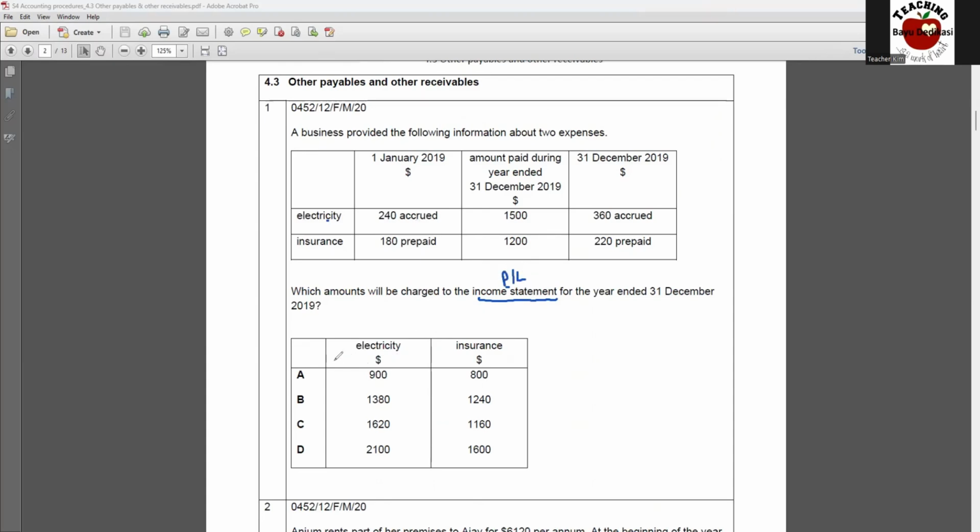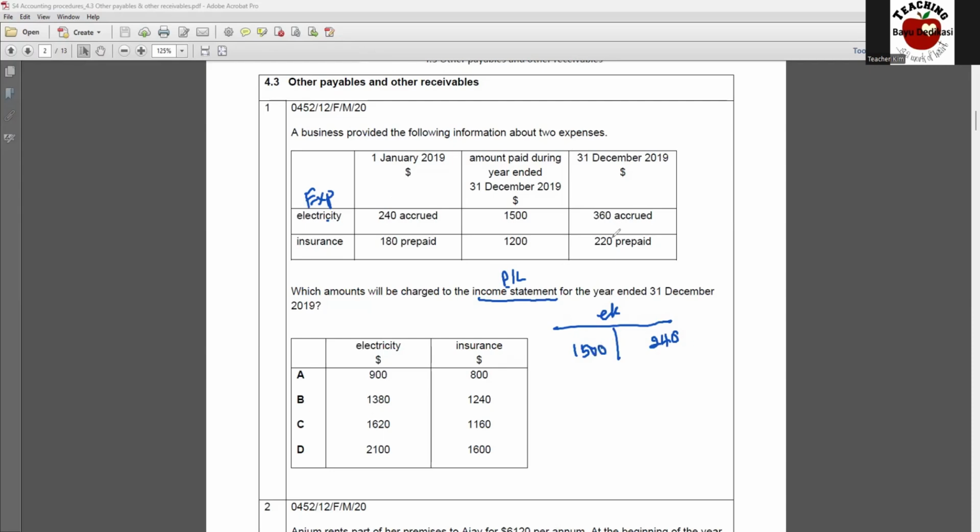Okay. Now, we want to find the amount. Open a simple T account. Electricity. Accrued is a liability because both are expenses. So, balance BD in the credit side. Amount paid, credit bank, debit electricity. End of the year, accrued.